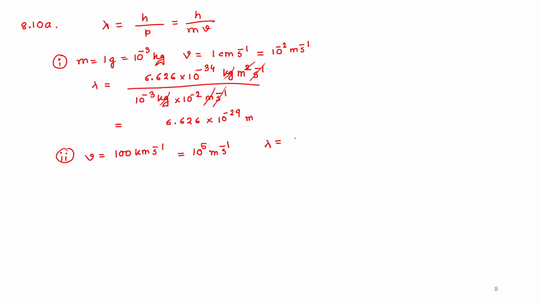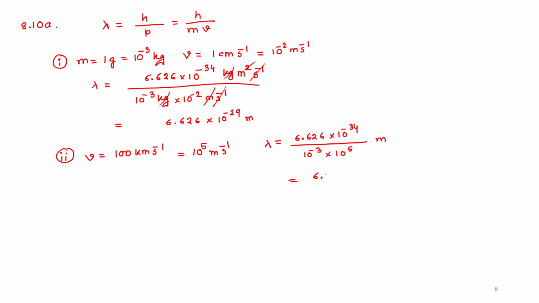Lambda will become 6.626 into... I will not write the unit right now because we are almost using the same units. So unit will be meter. So 10 to the power minus 3, 10 to the power 5. So it is 10 to the power 2.